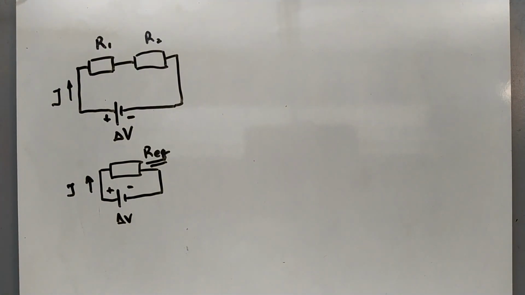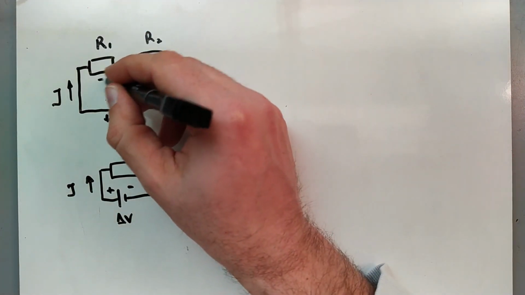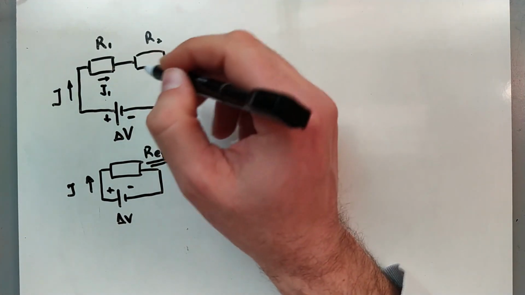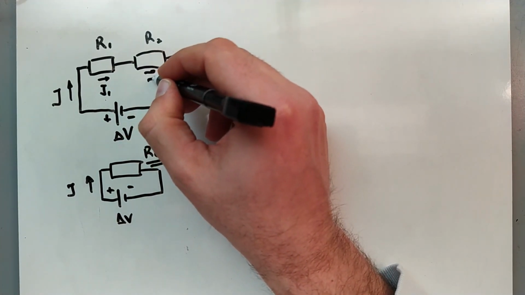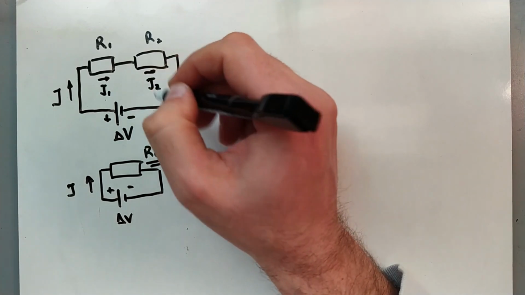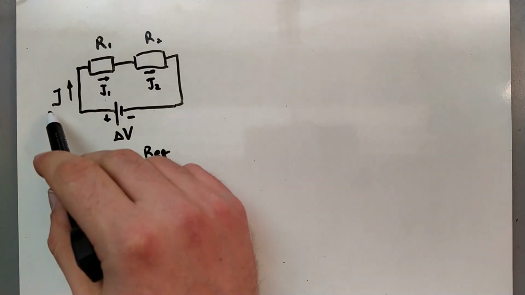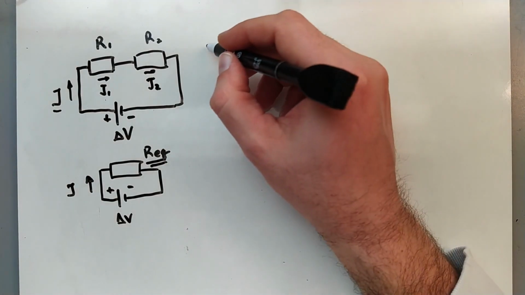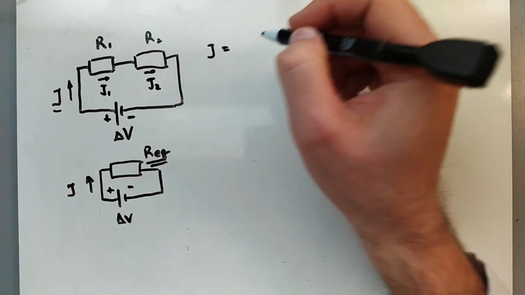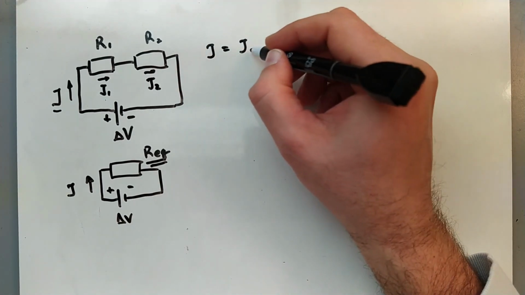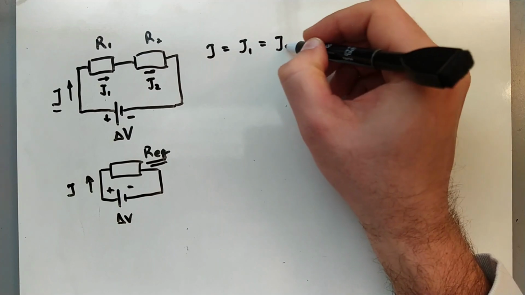So what we can write here from the continuity of electric charge distribution in the electric circuit, current through resistor 1, I1, and current through resistor 2, I2, they will be equal, and they will be equal to this capital I. So we can write that capital I is equal to I1, and this is equal to I2.